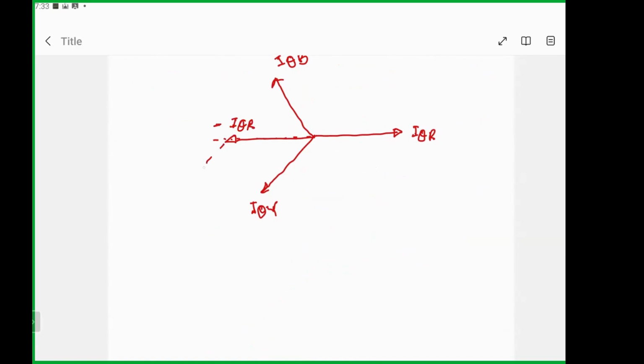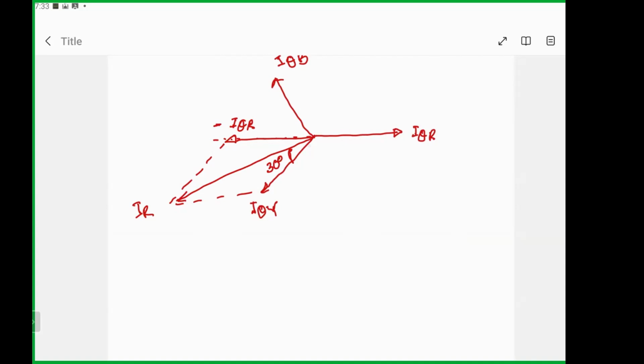Now if you add these two, this will be your IR, and this creates an angle of 30 degrees.